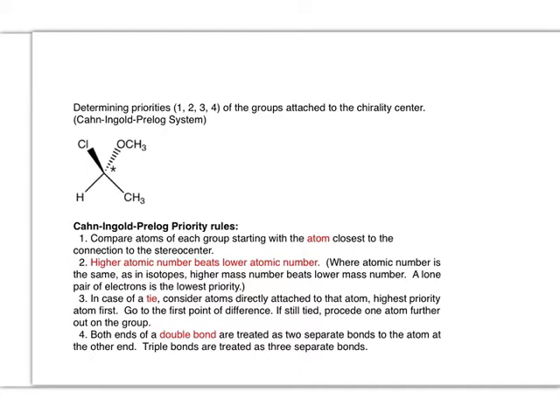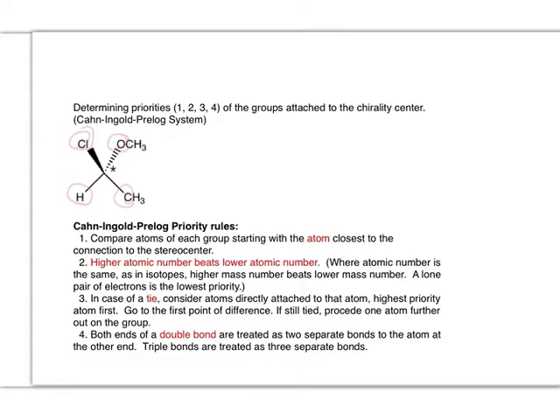You don't take the whole group, you just take the atom closest. In this example, we're going to take the O, the Cl, the H, and the C. Just those atoms, rather, not the whole group.